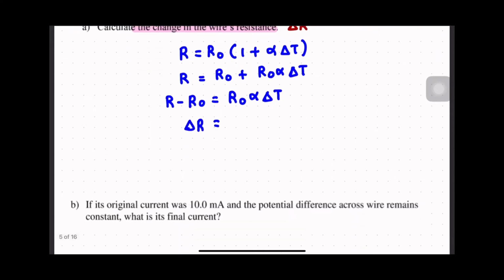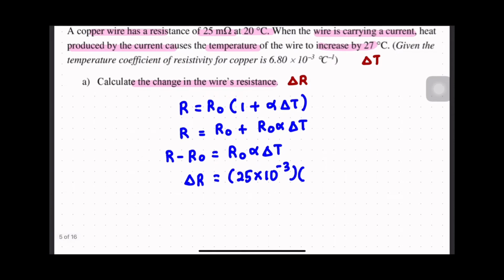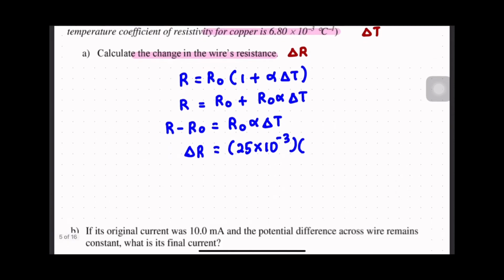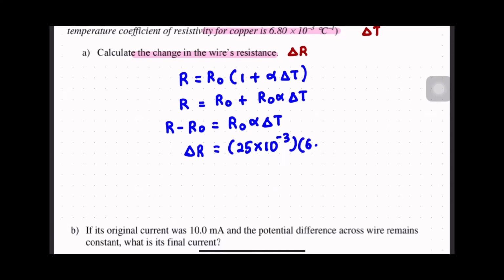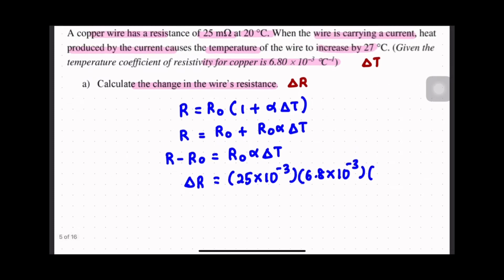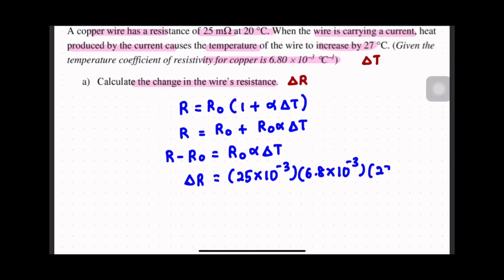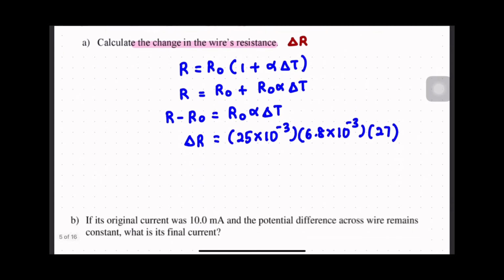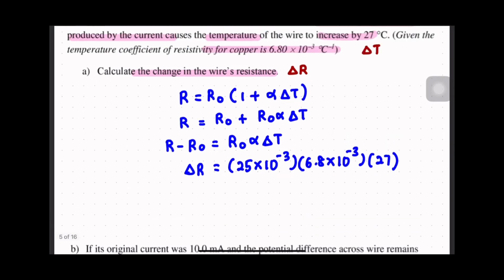Jadi kita boleh masukkan nilai. R naught is 25 times 10 to power of negative 3, and then alpha dia dah bagi this one 6.8 times 10 to power of negative 3, and then change in temperature dah bagi juga 27. Okay, so yang ni tak perlu risau because 27 tu adalah change of temperature.